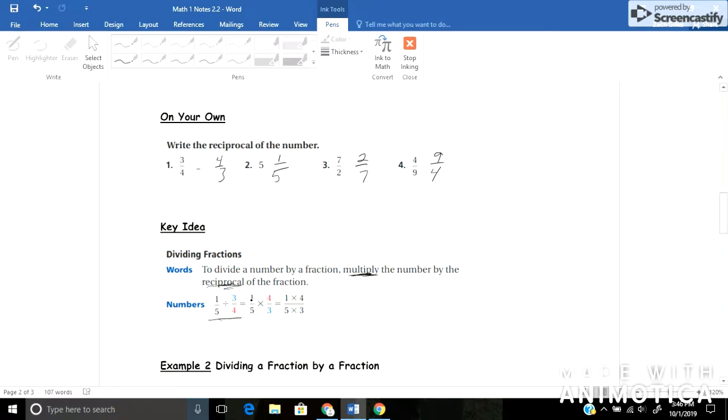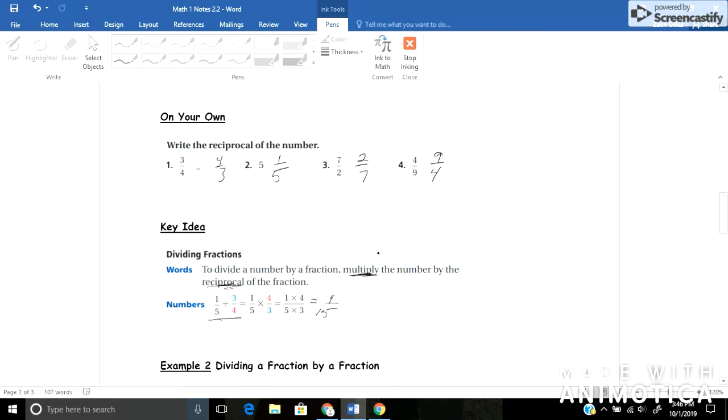Okay, they kept their first fraction the same of 1/5. They changed their division to multiplication and they made the second fraction its reciprocal. So instead of 3/4, they have 4/3. And then you just need to multiply them. So we'd come up with 4/15.